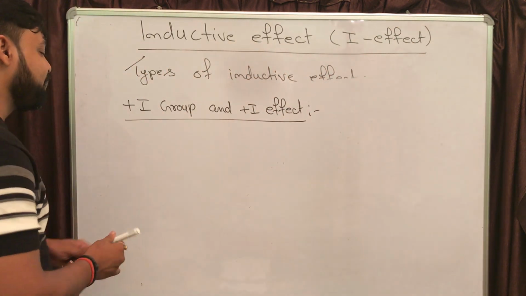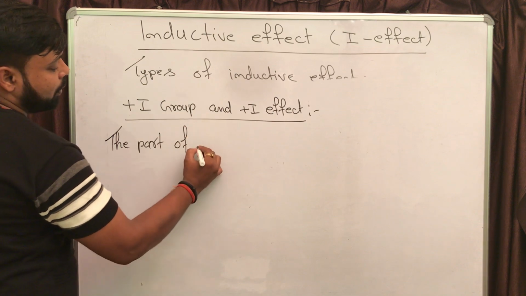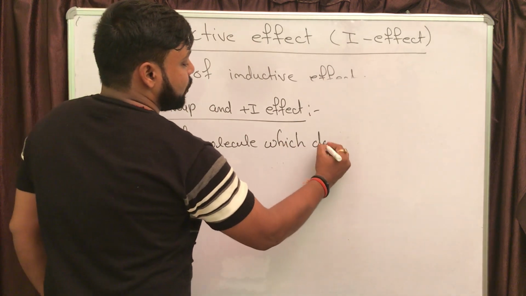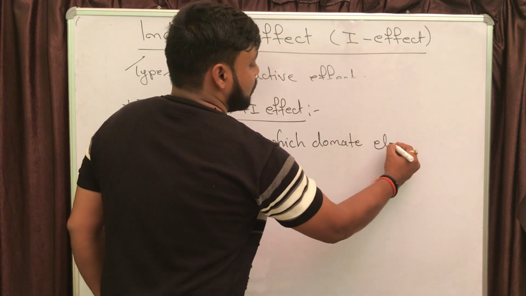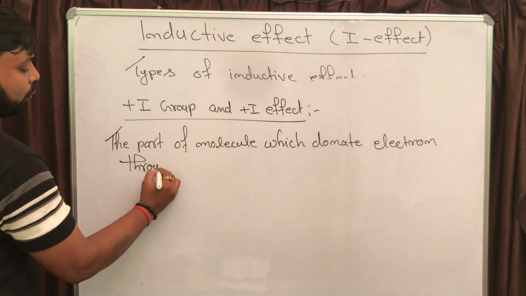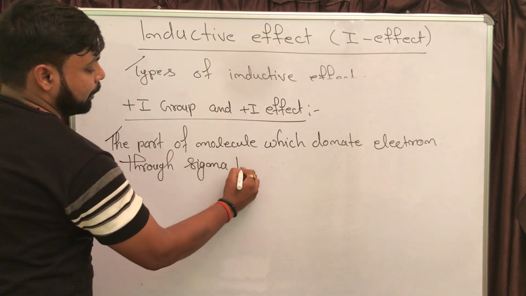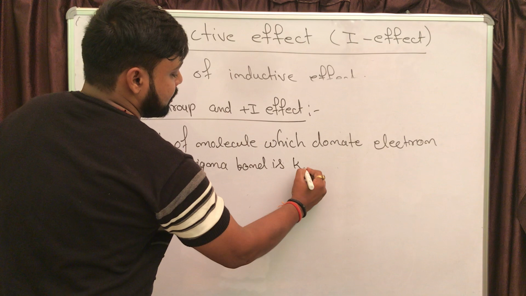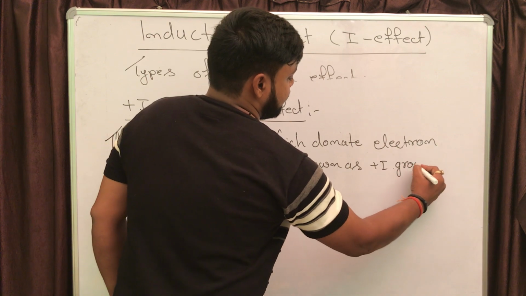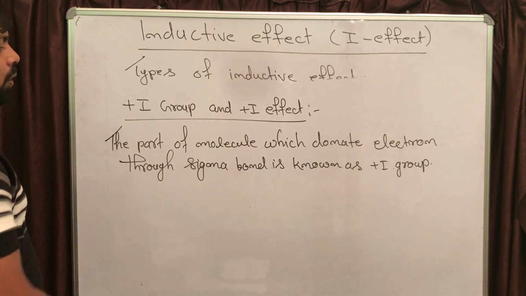So let us write the definition. The part of molecule which donates electron through sigma bond is known as plus I group, or the same plus I group is known as electron donating group, electron releasing group.